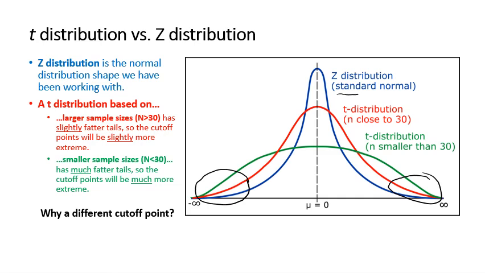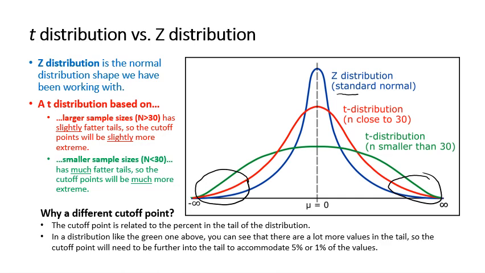So why does that produce a different cutoff point? Well, the cutoff point is related to the percent of scores in the tail of the distribution. In a distribution like the green one above, if we're going to figure out where 2% of the values are, there are quite a lot of values in this region.